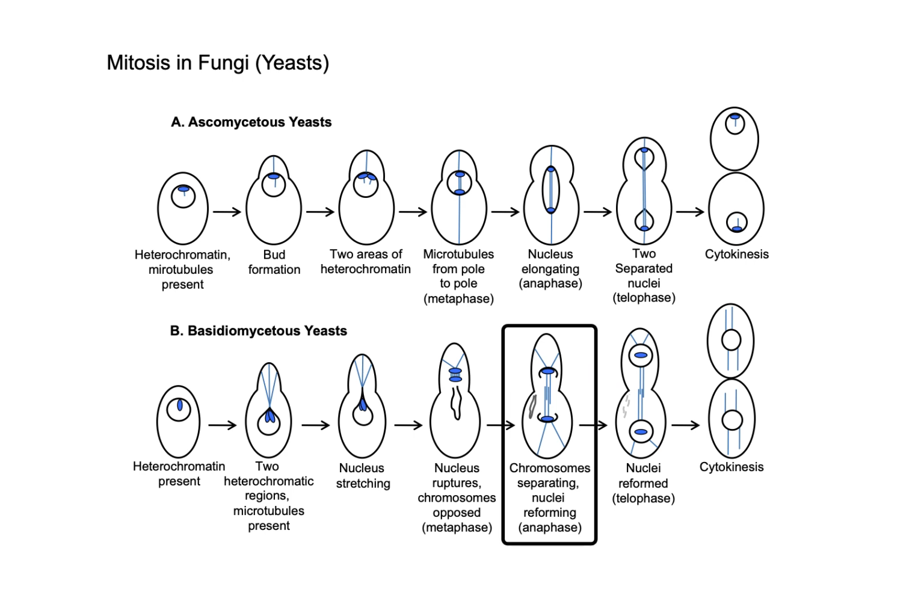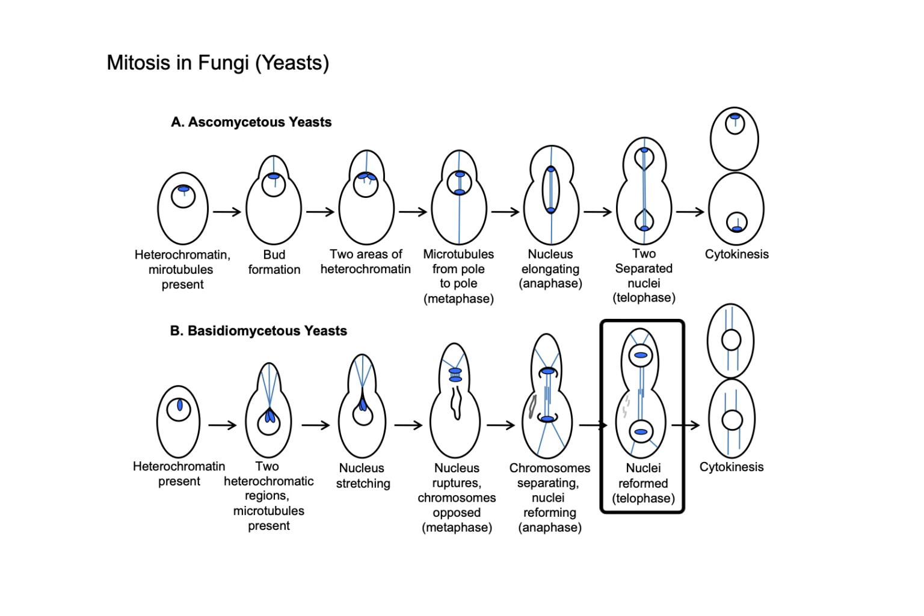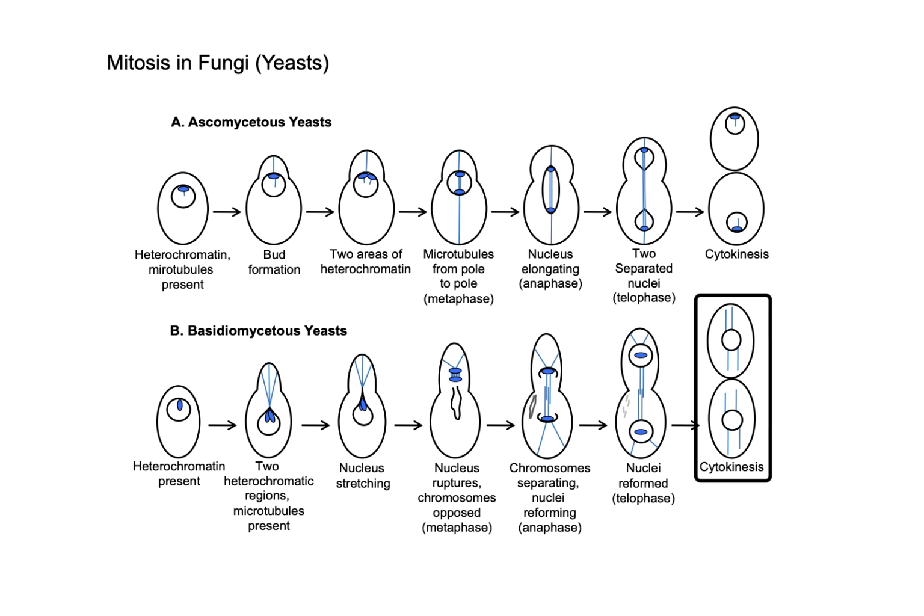New microtubules form, pushing the two chromosome sets apart, as well as pushing the bud further out. And then this one shows the new nuclear membranes beginning to form around the chromosomes, ultimately forming a new nucleus and separation of the two daughter cells.